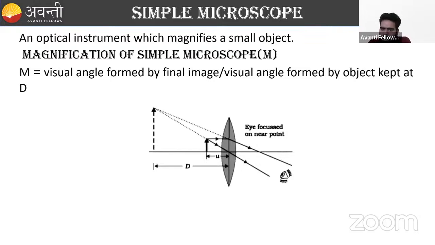As I discussed with you, when we can't see the image of a small object, then we have to use the microscope, right? Here the very important term, in order to understand the nature and properties of the microscope so that we can solve numericals on microscope and telescope also, is the magnification of the simple microscope. So firstly, we have to understand the meaning of magnification.